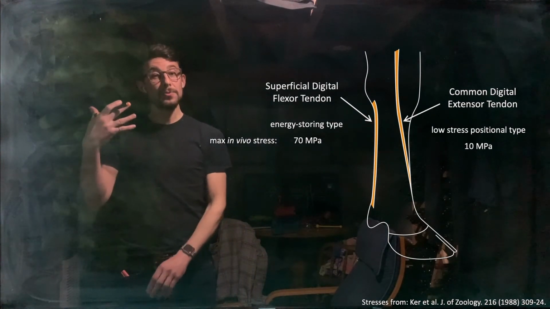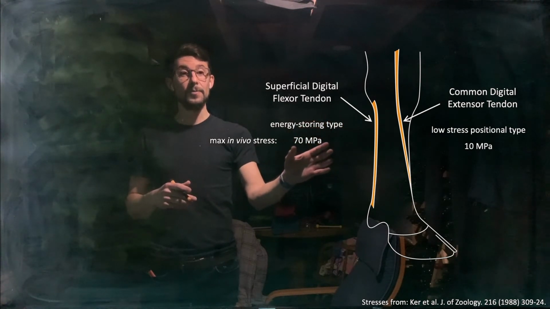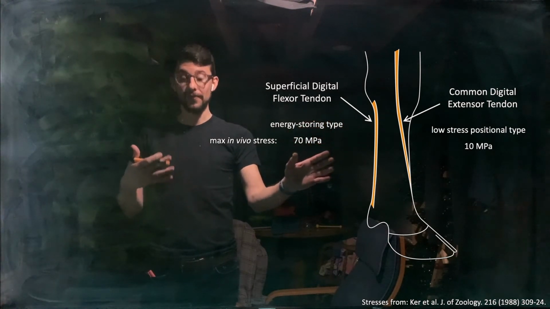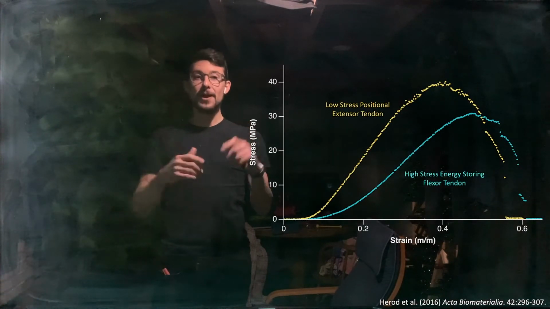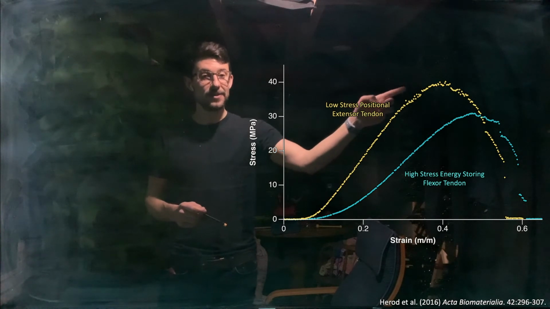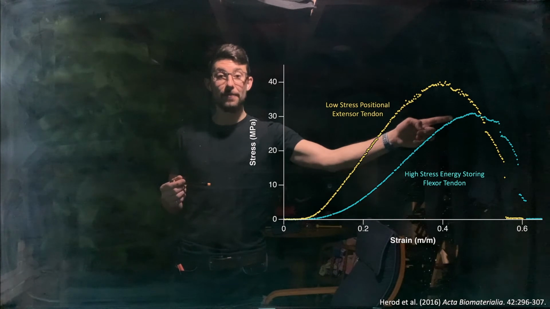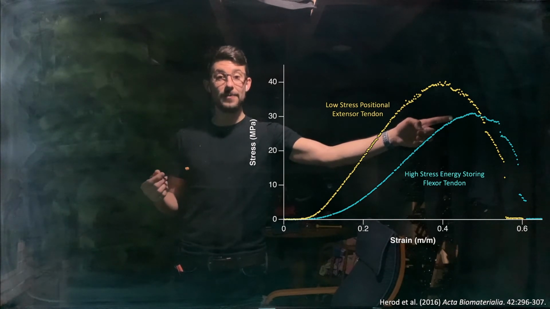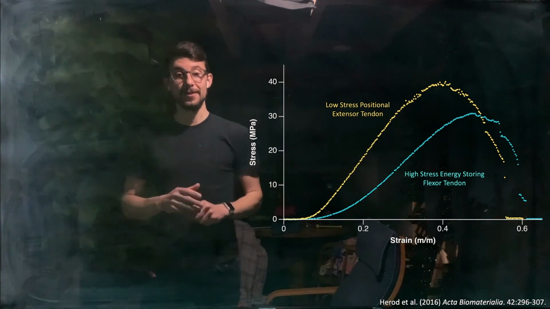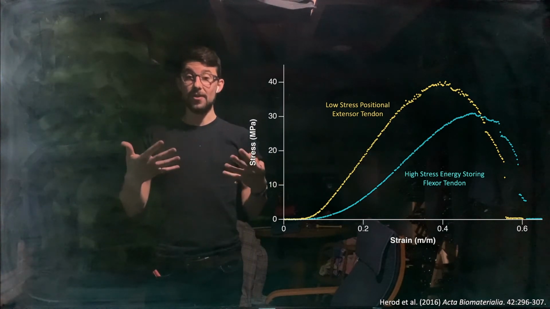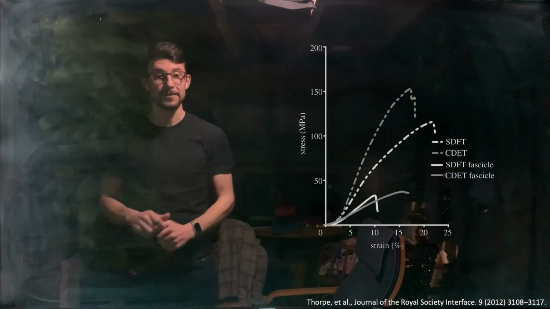But when you look at the strength of these two different tendons, you'd of course assume that the tendon with more cross-linking would be stronger, but we found the complete opposite: the extensor tendon with less cross-linking is actually stronger than that more highly cross-linked tendon that experiences more stress in life. So this is an initially odd result that you might not expect.